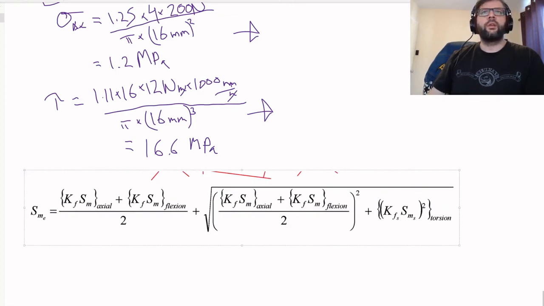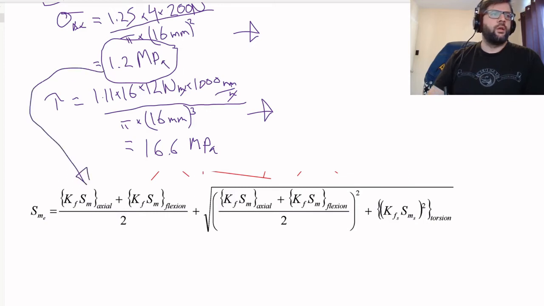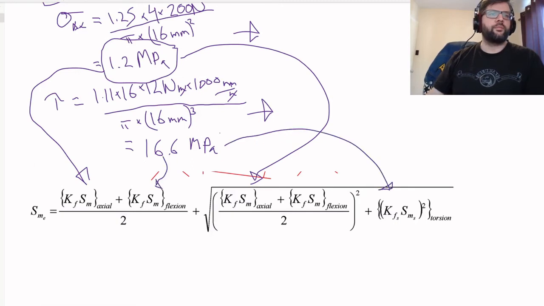So the 1.2 goes into here, and it goes into there, and then the 16.6 goes right there, and it goes right there.